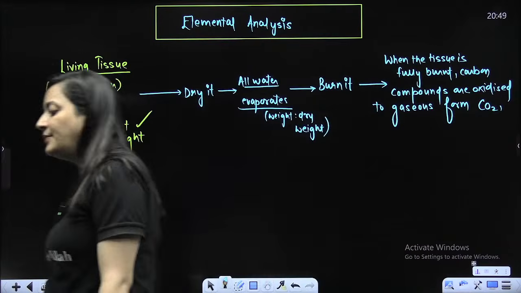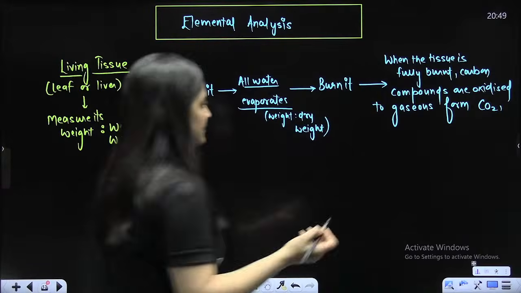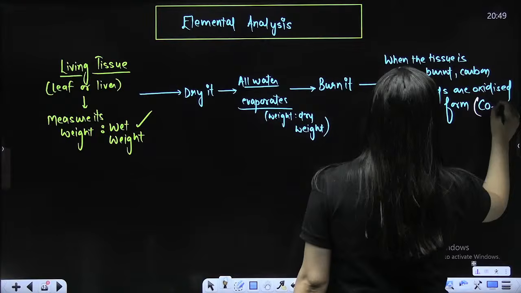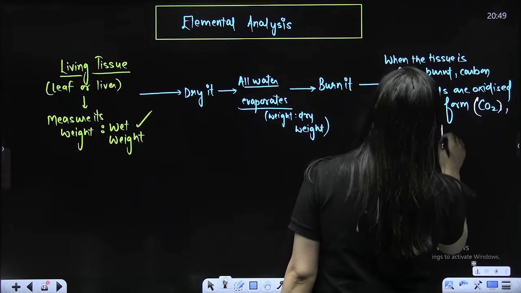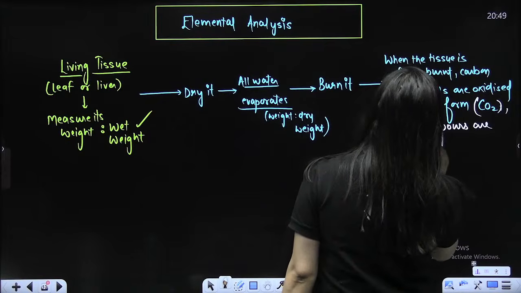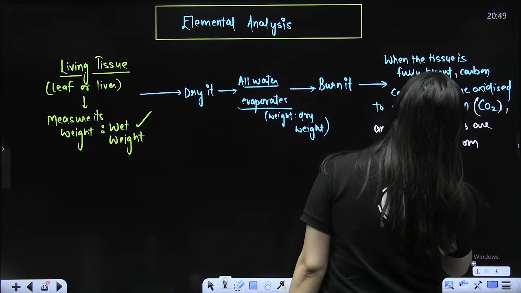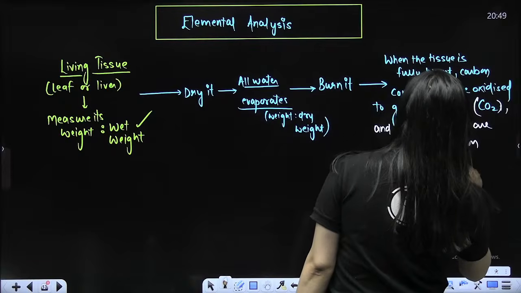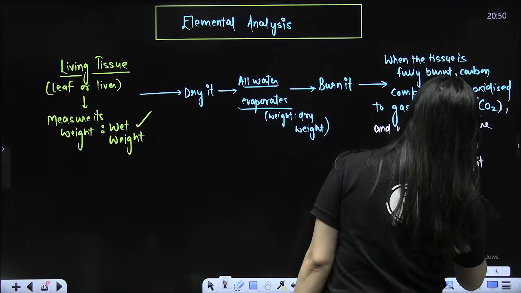All the carbon compounds, what will happen to them? They'll be oxidized to gaseous forms like CO2, right? CO2 and water vapors are removed from the remnant. From that remaining part, all the water vapors will be removed. And it is called ash, ASH. That's what you will get.